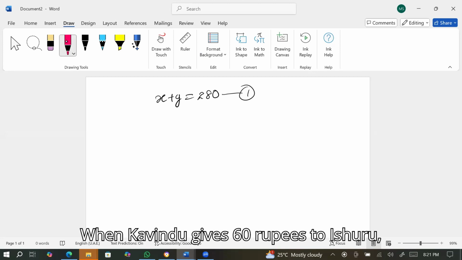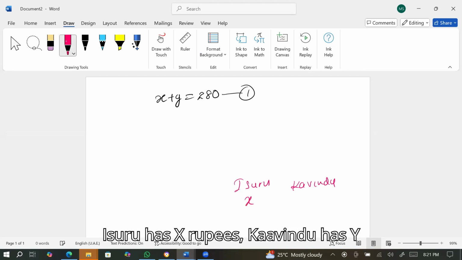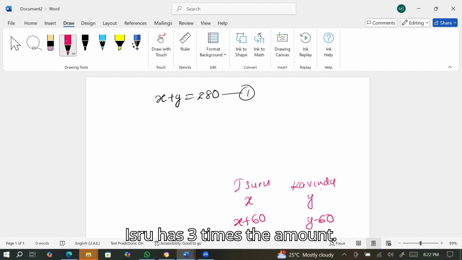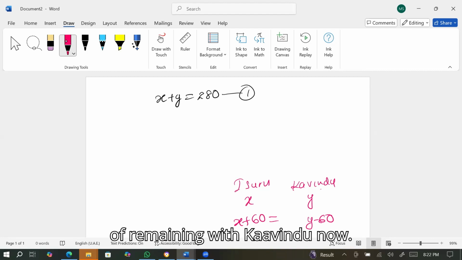When Kavindu gives 60 rupees to Isuru, Y minus 60 for Kavindu and X plus 60 for Isuru. Isuru has 3 times the amount. So X plus 60 is equal to 3 times the amount remaining with Kavindu now.